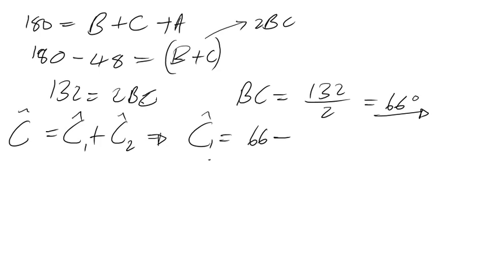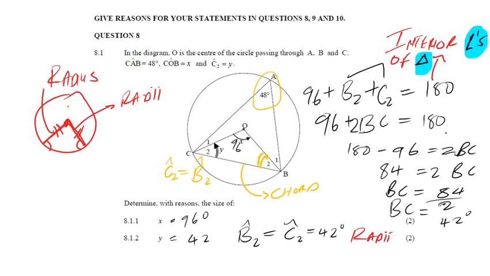How sure are we that the B and C are the same size? We are not 100% sure, because they didn't tell us that CA is equal to AB. You see this, we are not 100% sure because this and this might not be equal.